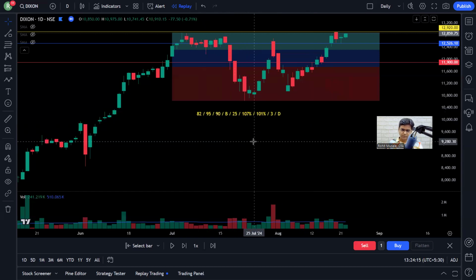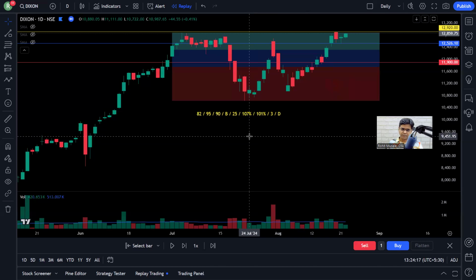Now let's look at the fundamentals. 107 represents the quarterly growth in the earnings per share. Let's say I am looking at the earnings per share of the June quarter. If I compare the earnings per share of June quarter 2024 with June quarter 2023, and look at the growth, this is the number that I get. So this is annual, but displayed on a quarterly basis.